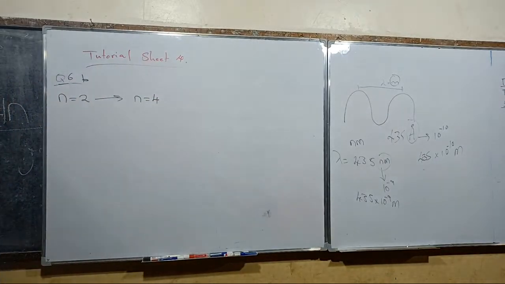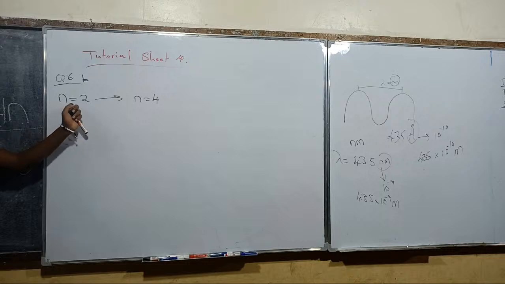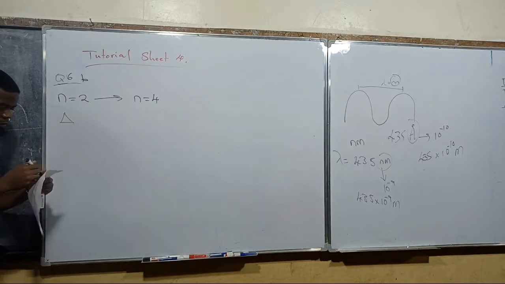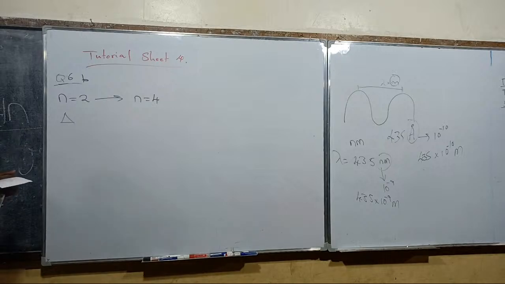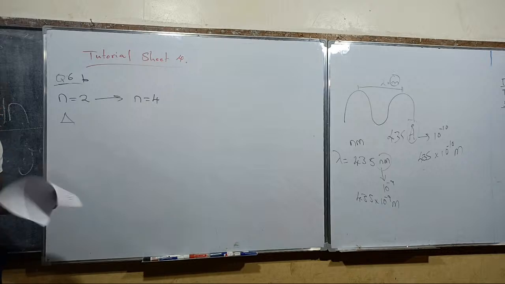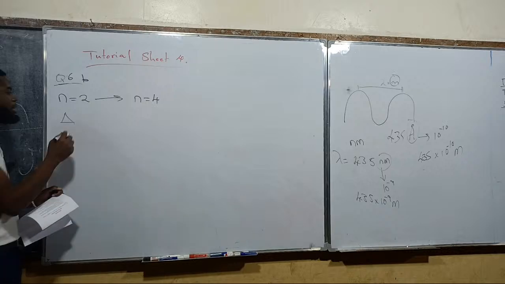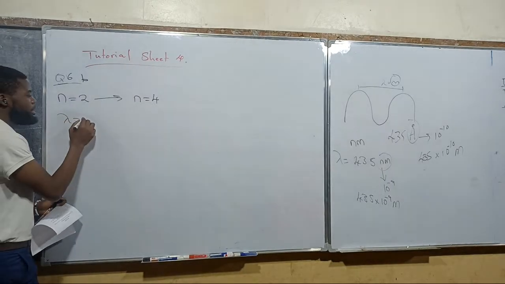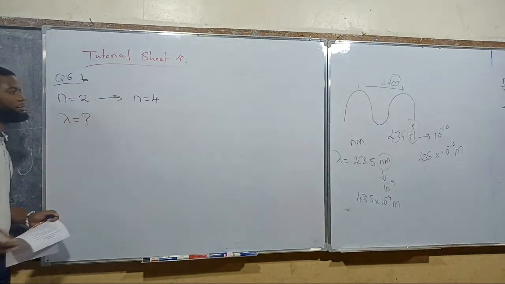Now, what energy is going to be emitted when an electron moves from n equal to 2 to n equal to 4? Automatically, you do know the Bohr model. They are saying calculate the wavelength. So the question wants us to get the wavelength, which is lambda.